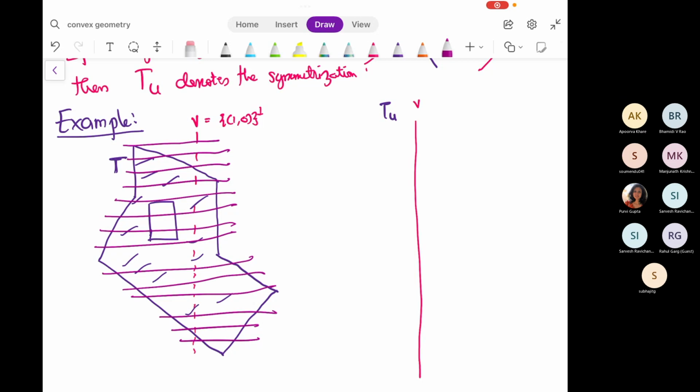And you look at what is the volume of T intersection each line and start adjusting the intervals. So if you look at the top, initially there's an increasing amount of volume that's getting covered. If I make a rough drawing of that, it would look something like this, not drawn to scale.